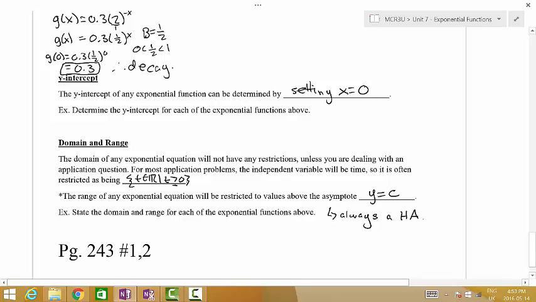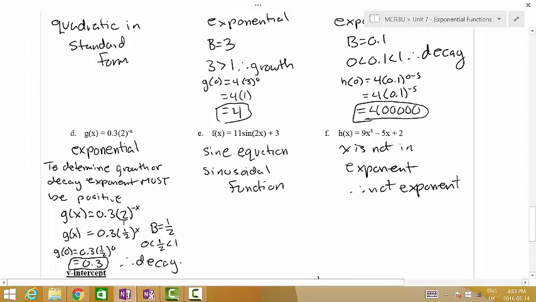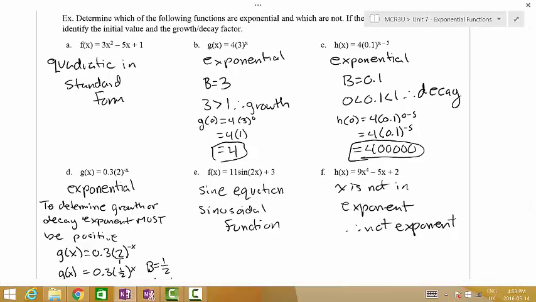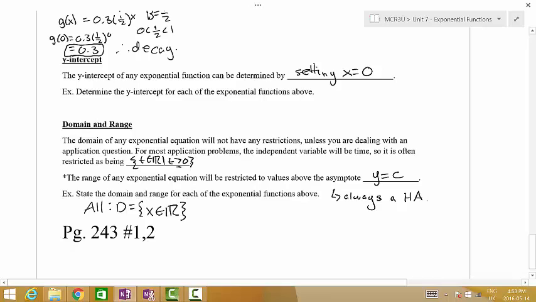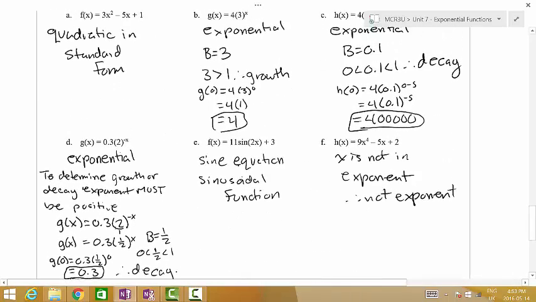Again, we want to state the domain and range for each of those functions above. Essentially for all of them, they're not application questions, so our domain is x element of R. Essentially x can be anything. All of those have a positive a value.